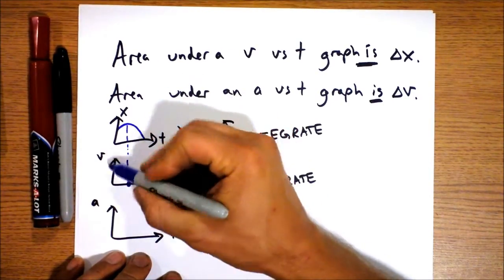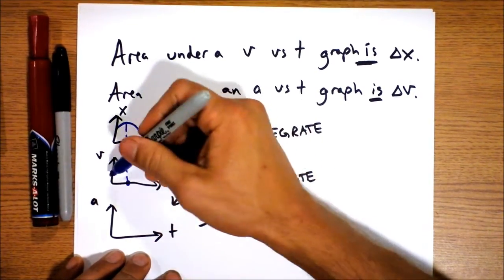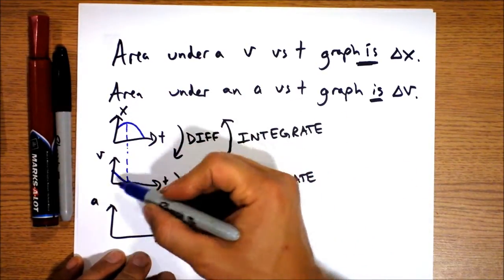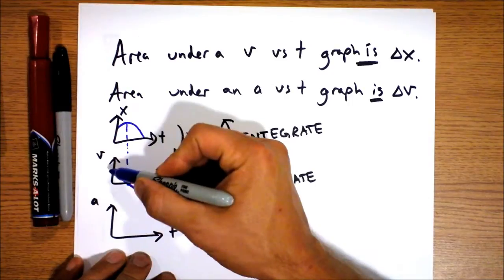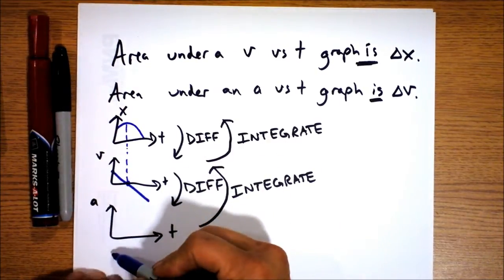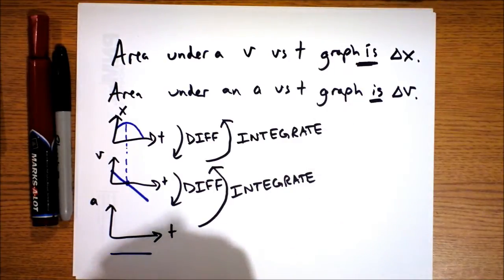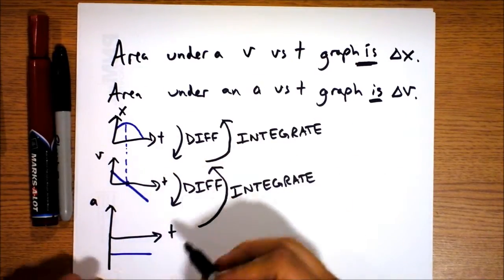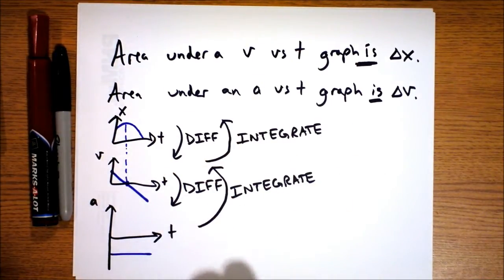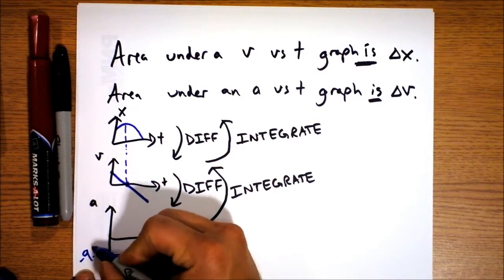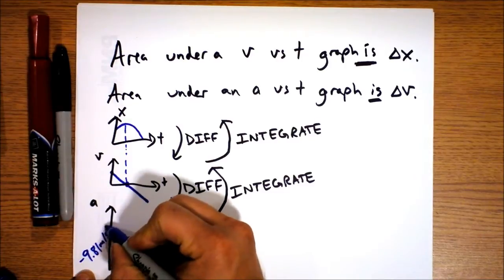So it's 0 right here, positive at the beginning, and becomes very, very negative. And we can look at the slope of the velocity graph and see that the velocity graph is continuously decreasing, leading to an acceleration that's negative. And if this is truly a turnip, this is probably negative 9.81 meters per second squared.